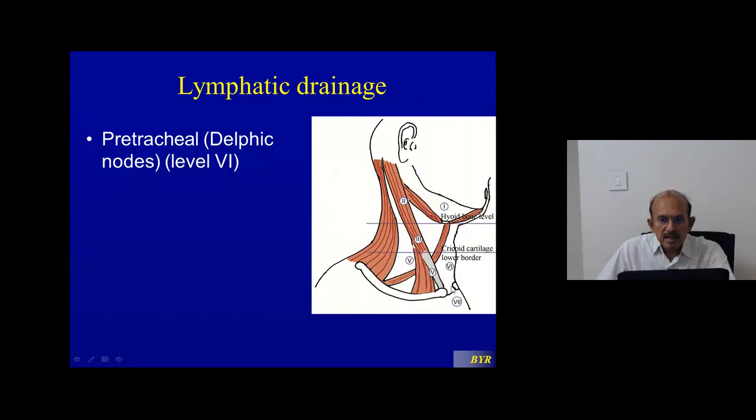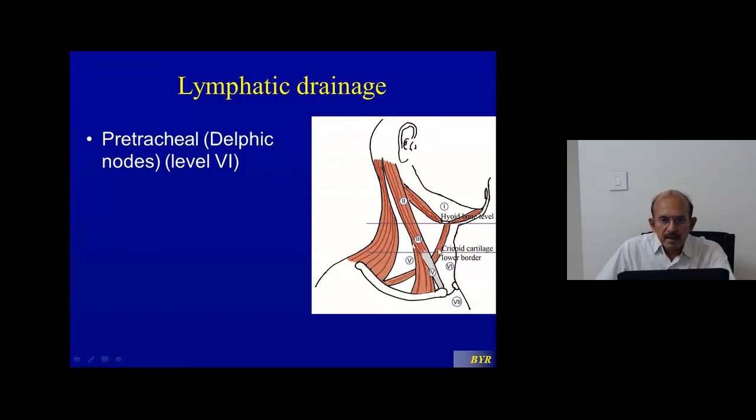In the midline of the neck, submental and prelaryngeal and pretracheal lymph nodes are all called the 6th compartment nodes. Already I told you the 6th compartment nodes have communication with the retrosternal lymph nodes or mediastinal lymph nodes. This is the level 7 lymph nodes.